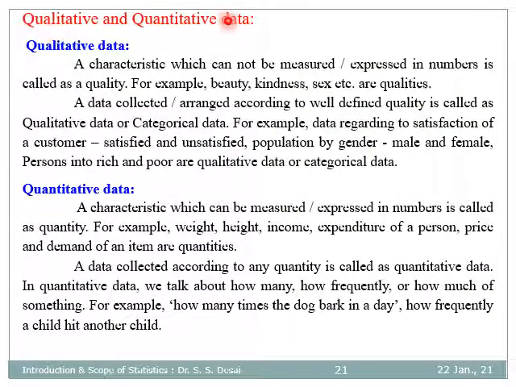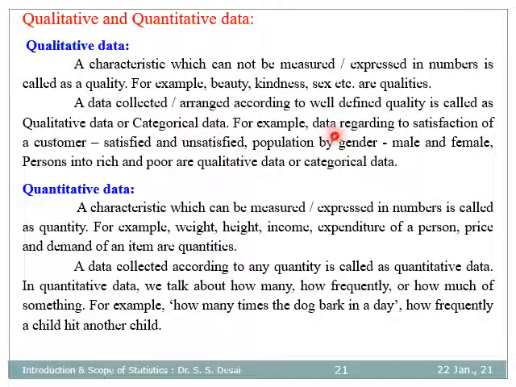Let us see the difference between qualitative and quantitative data. A characteristic which cannot be measured or expressed in numbers is called a quality. For example, beauty, kindness, honesty, etc. are qualities. Data collected or arranged according to a well-defined quality is called qualitative data or categorical data.